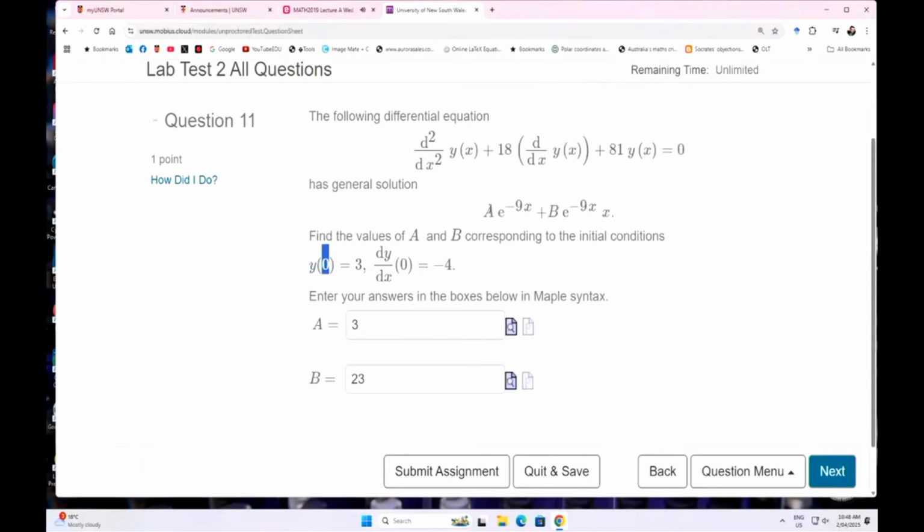So what will be the equation? When x equals 0 in this, what will the equation be for A and B? A equals 3. Can't get easier than that, right? So you know A equals 3, so you'll differentiate this and then plug in 0 and set it equal to -4. So here's one I've created earlier.